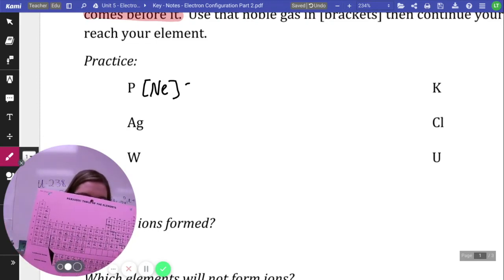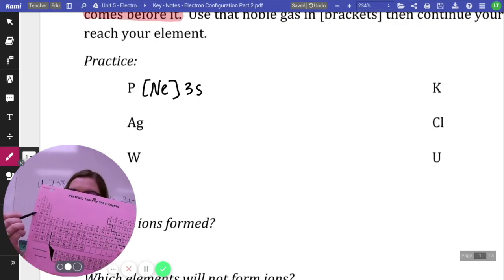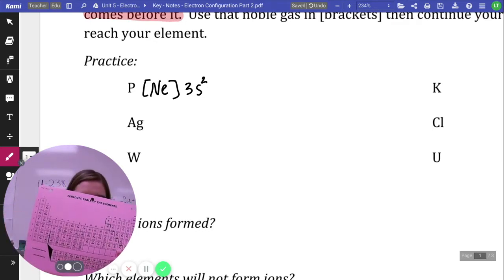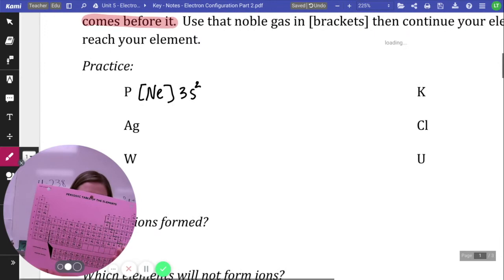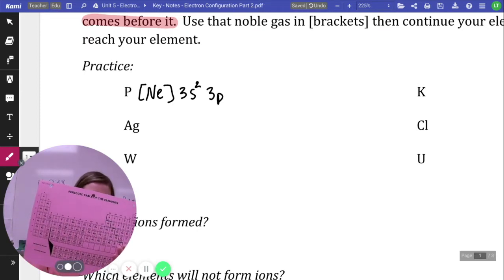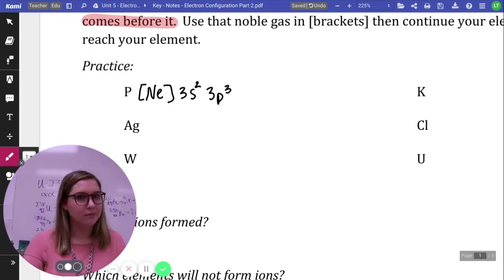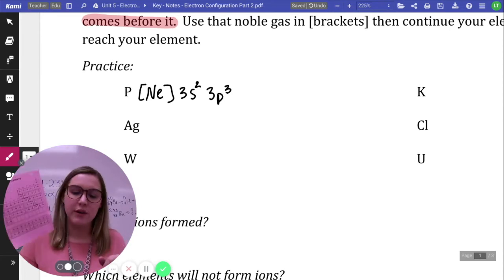I'm starting there: 3S sublevel, 1, 2 boxes. And then keep going until we get to phosphorus. Third energy level, P sublevel, and we go 1, 2, 3 boxes to get to phosphorus. So much easier, right? Not that it's hard, but it's so much shorter to write it that way.